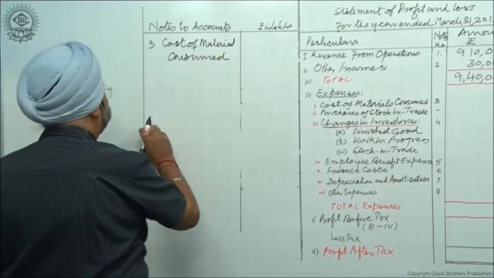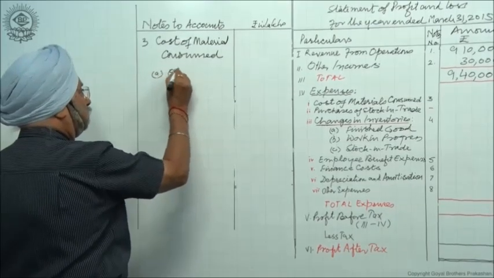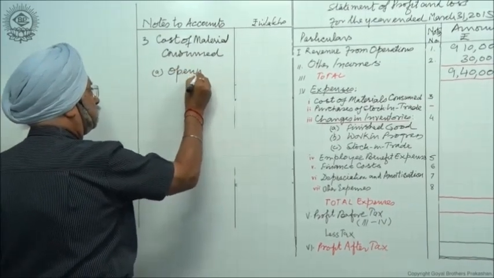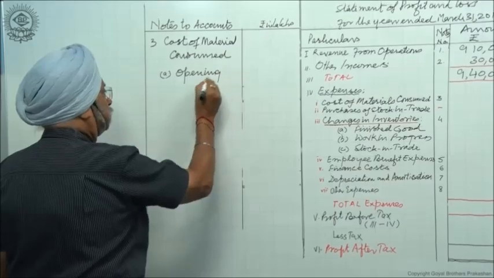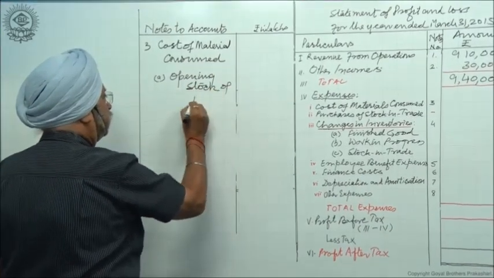Cost of material consumed is worked out: A, opening stock of material.